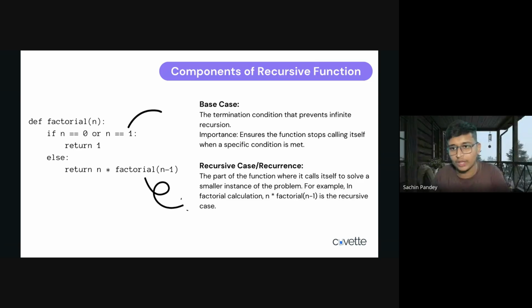So what is the smallest valid value of n? It will be 0. This is how you define the base case.